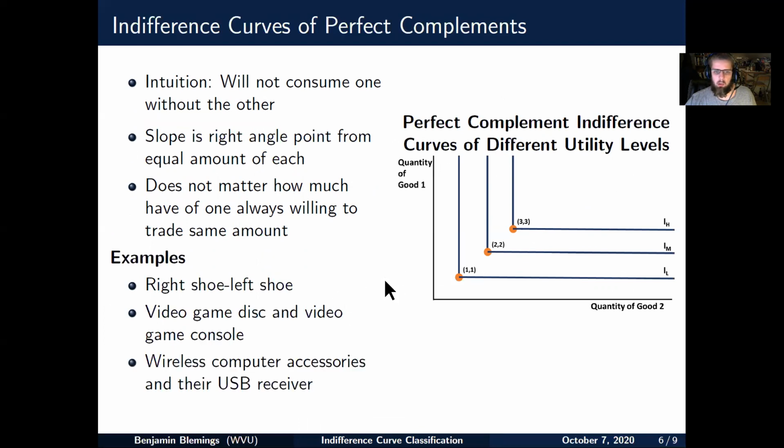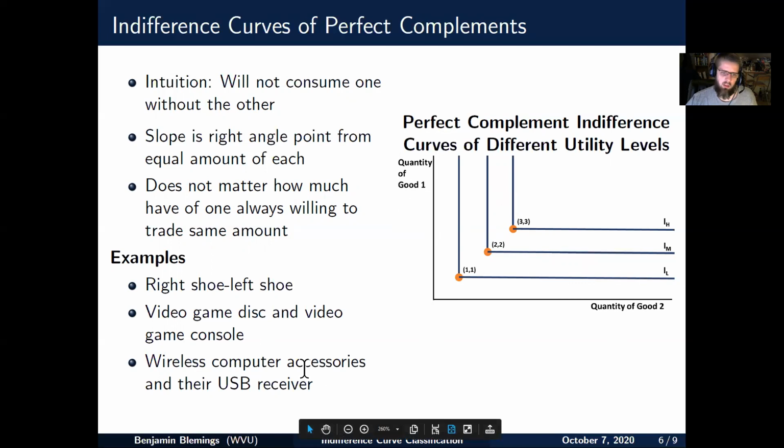And some examples would be like a right and a left shoe. So if good 1 is a right shoe and good 2 is a left shoe, you can give me hundreds of right shoes, but if I only have one left shoe, then this is going to be my indifference curve. And you can see the same way if I only have a ton of left shoes and only one right shoe, it's the same.